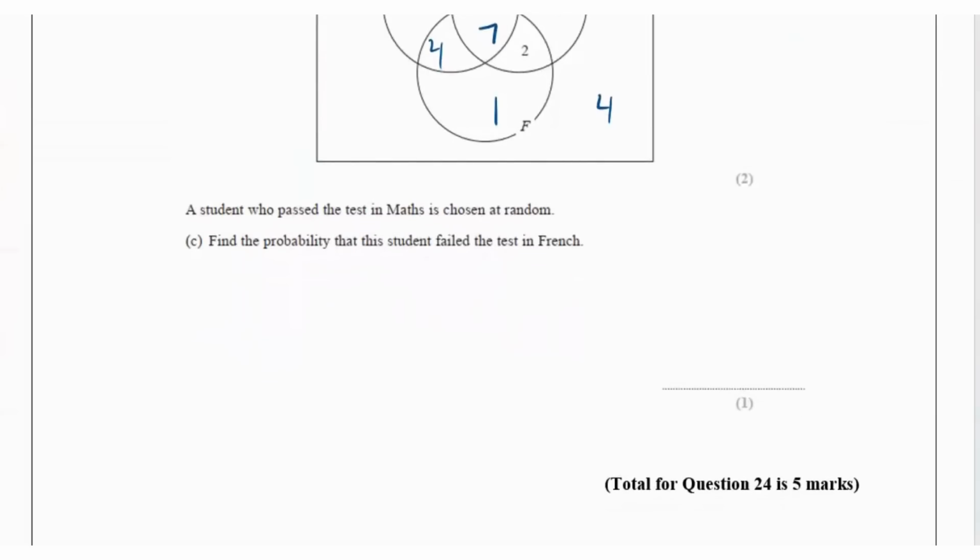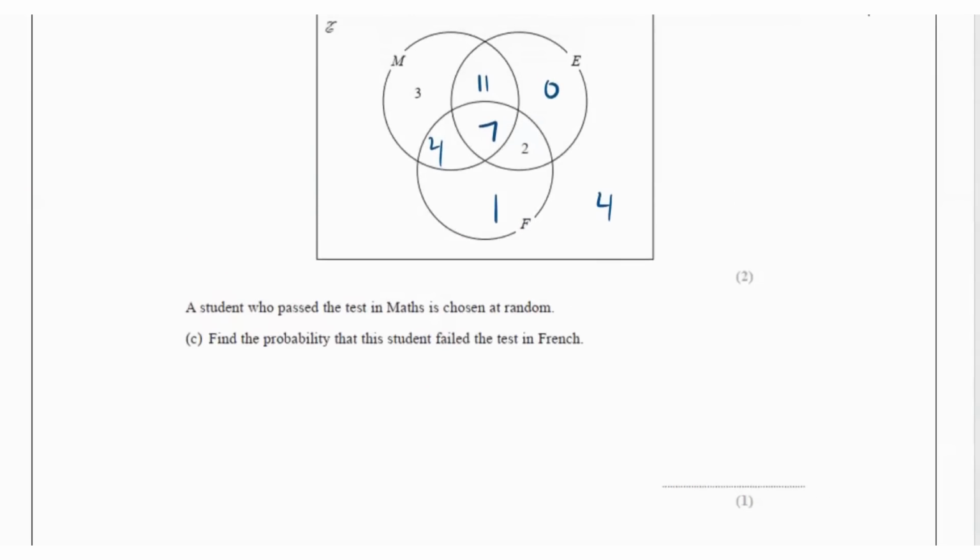So a student who passed the test in maths is chosen at random. Find the probability that this student failed the test in French. So this person is chosen from the set of maths. We have to find the probability that this student failed the test in French.